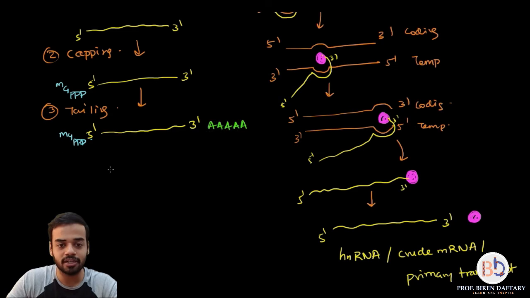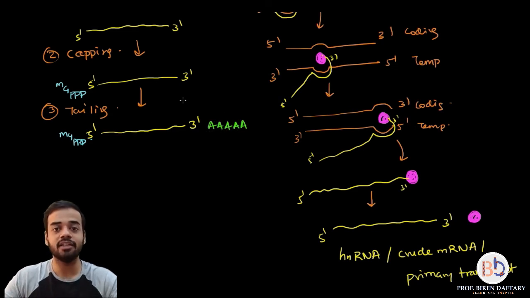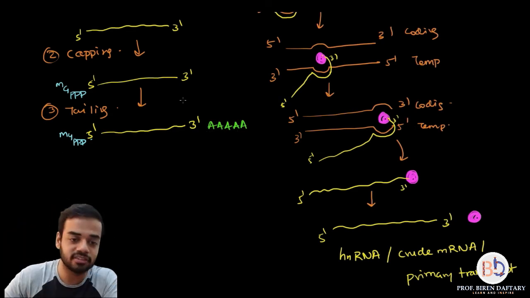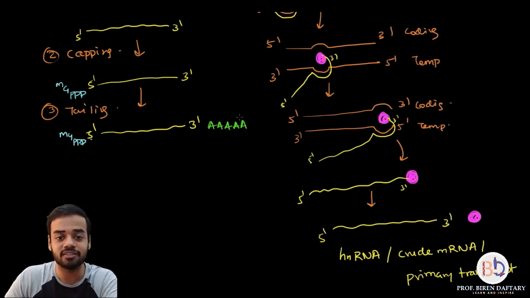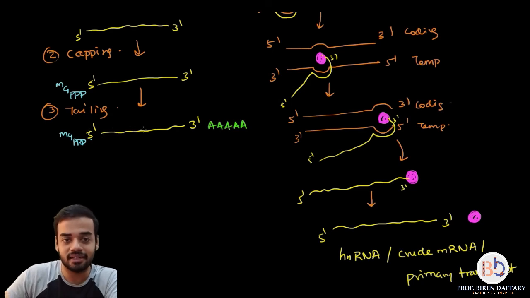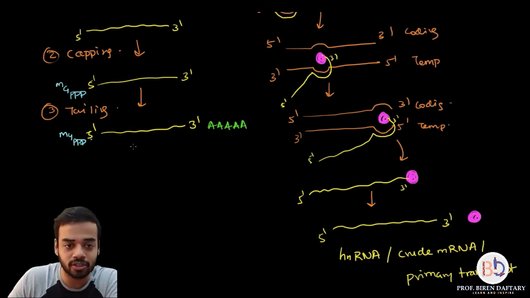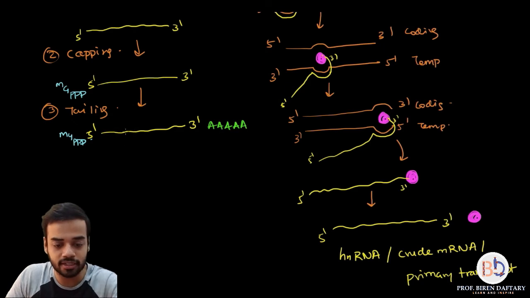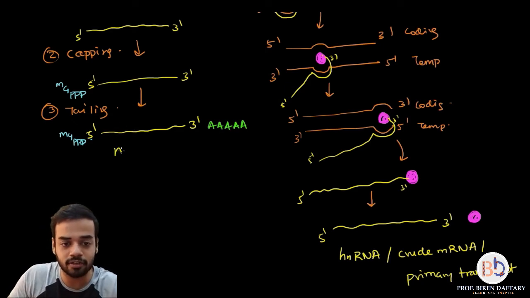Now this mRNA which has only exons, has methyl guanosine triphosphate at its 5 prime end and a poly A tail at its 3 prime end, is called a mature mRNA. So now I can write down mRNA for this.